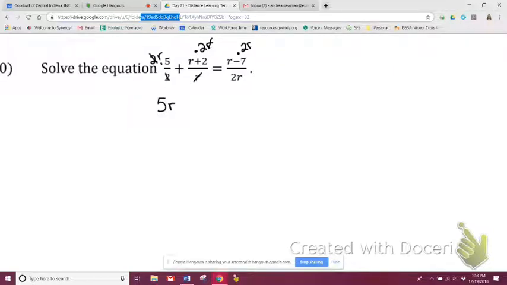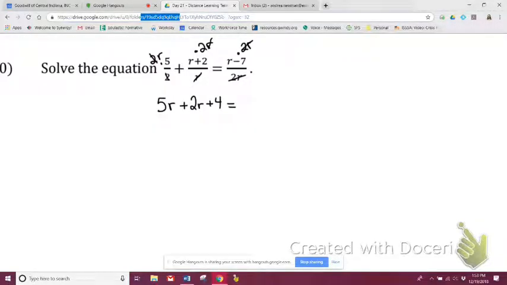Okay. And then we're going to take 2 times both the terms that are in that numerator. So 2 times r is 2r. 2 times 2 gives us that 4. So we had to take that 2, multiply it by both terms in that second numerator. The whole thing cancels out the bottom.